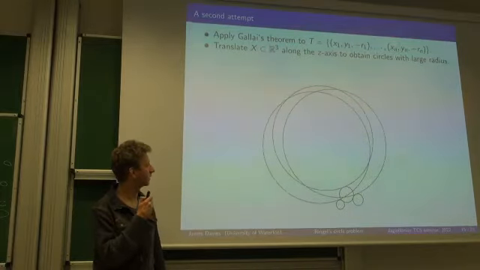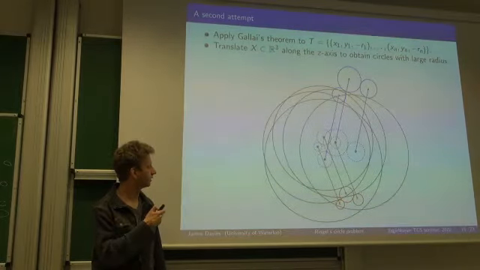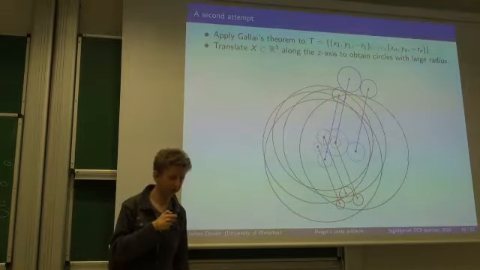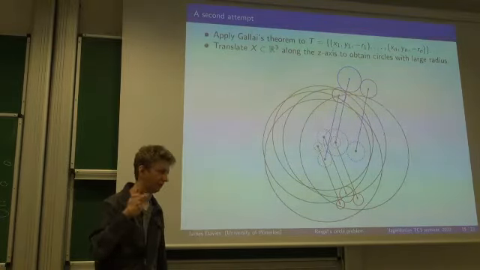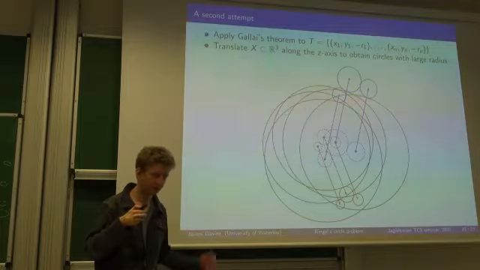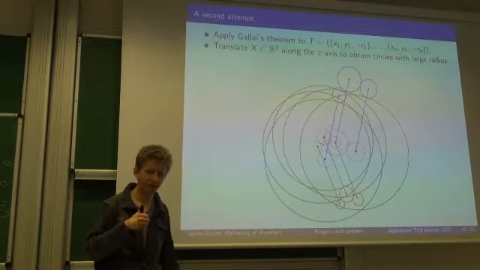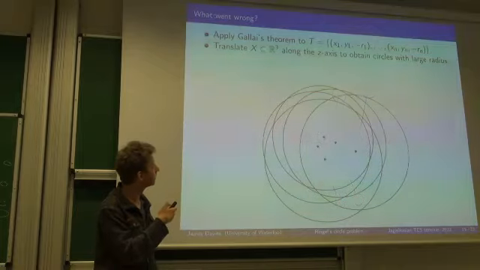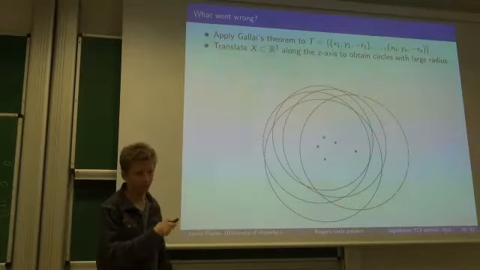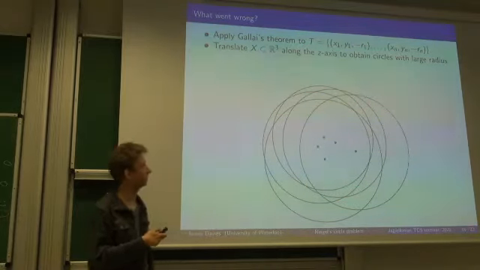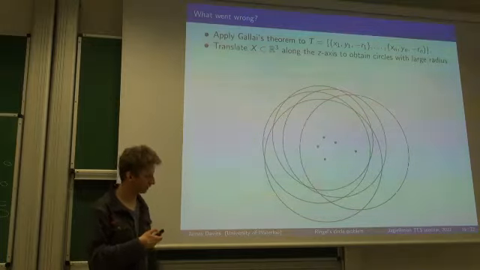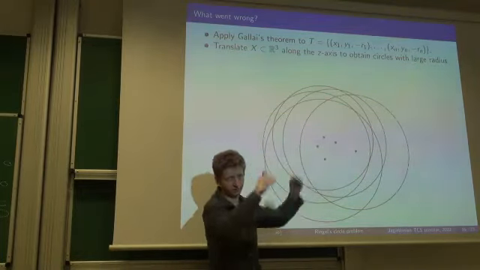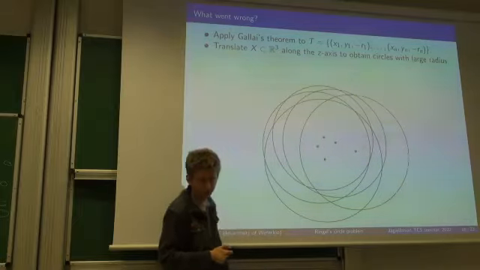Okay. So this construction almost looks like it works, but there's one step where we really couldn't guarantee that things were going to go our way. And this was almost the first step, actually, when we first applied Gallai's theorem. So this gave us these circles here, and we did this translation to make the radii bigger.